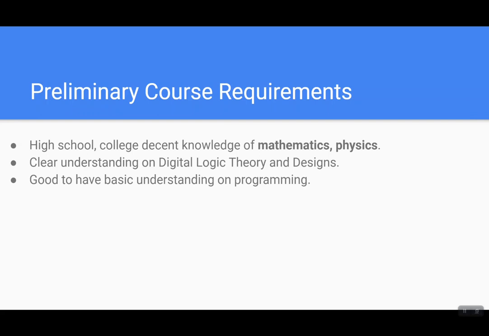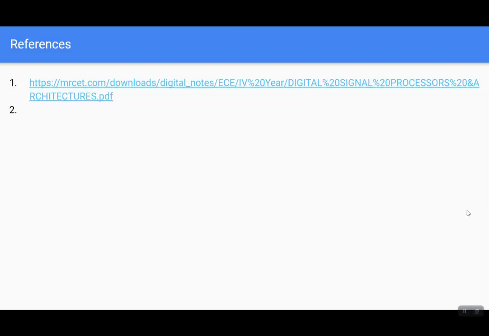If you know programming, how logic is programmed, it will greatly help you learn the VHDL or Verilog language, because understanding how logic works is really beneficial in this particular course.